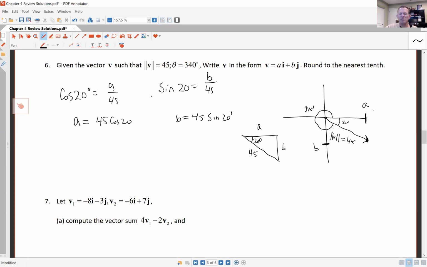It doesn't take long to get used to the fact that a is the 45 cosine and b is the 45 sine. That pattern becomes readily apparent quickly.